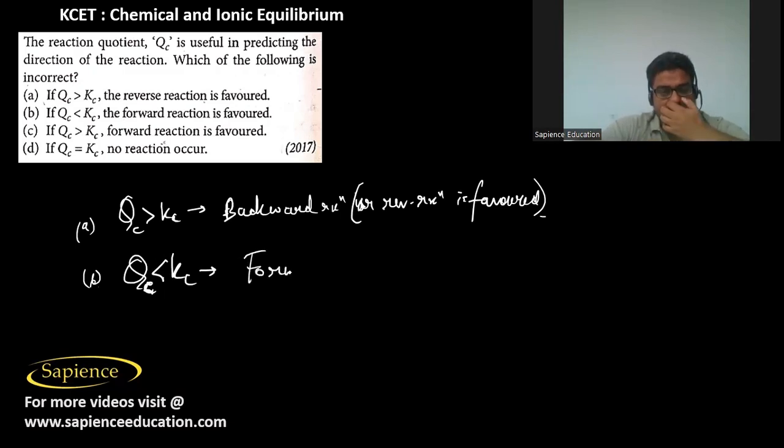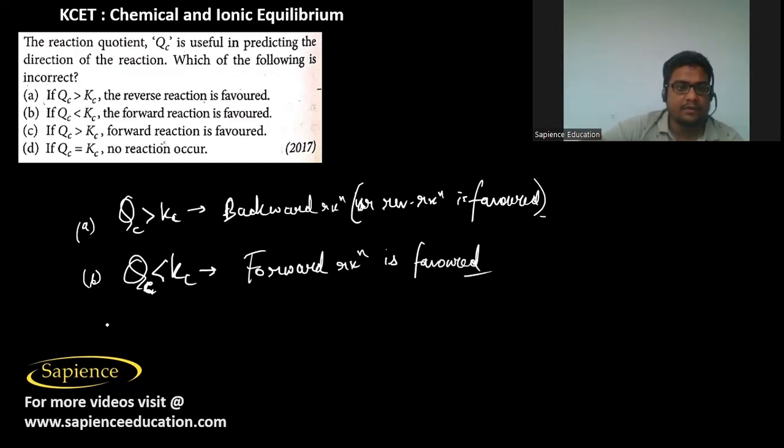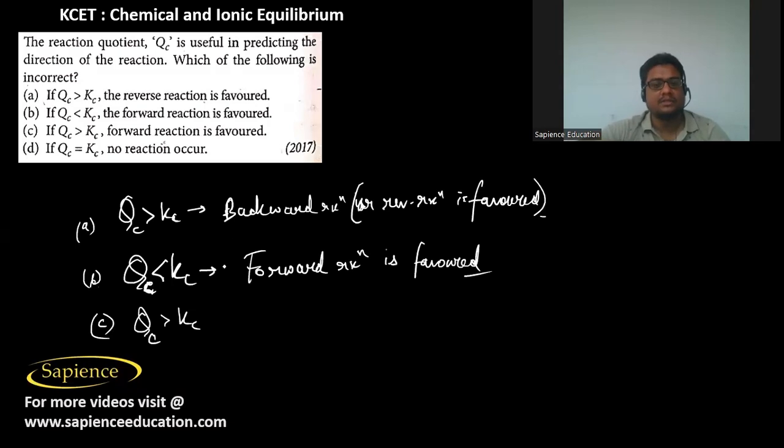So it means the forward reaction is favored. And in the part C, it is told if QC is more than KC, then forward reaction is favored. So option C is wrong.